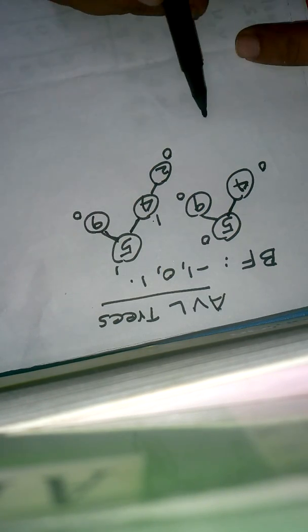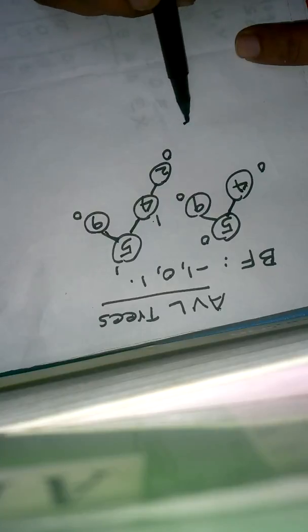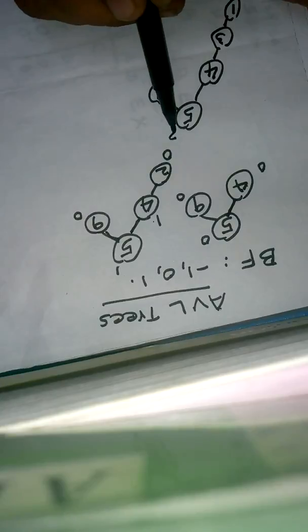So let us take one more example: 5, 4, 3, 1 here and 9. So here the balancing factor of 5 is 2.